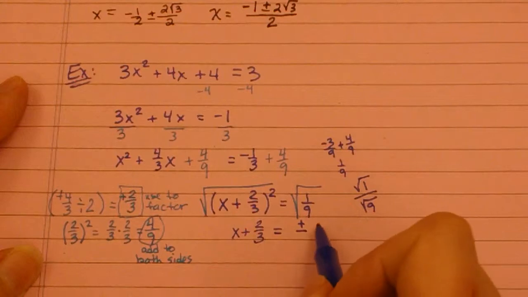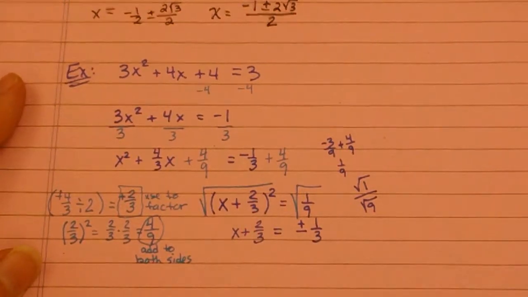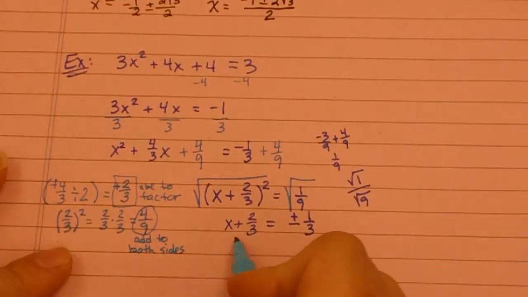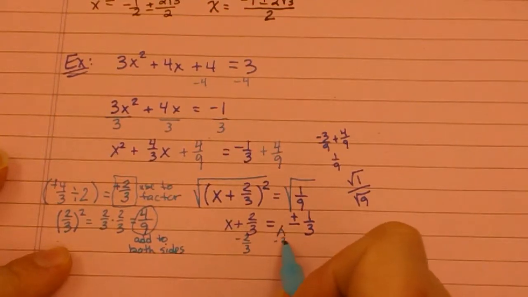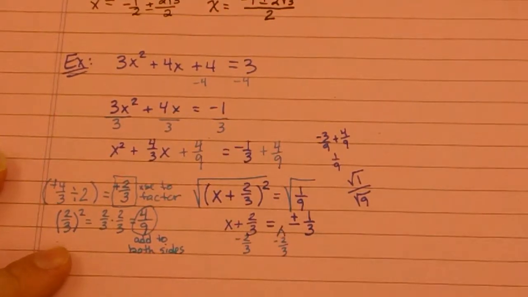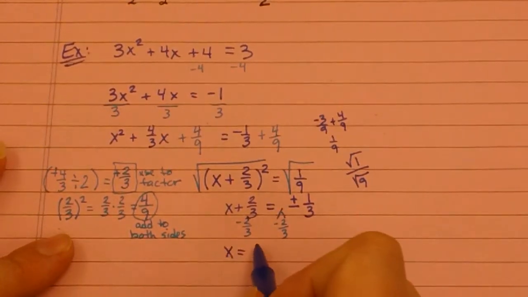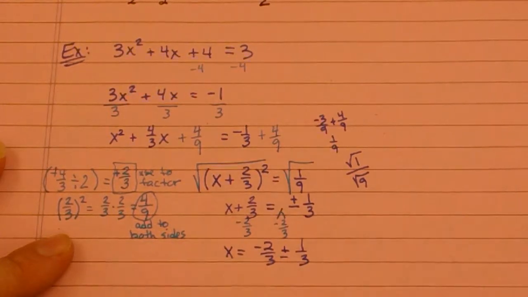So it'd be plus or minus 1/3. And then to solve for x, I'll need to subtract 2/3 from both sides. Remember that minus 2/3 goes in front of the plus or minus symbol. So I have x equals -2/3 plus or minus 1/3.